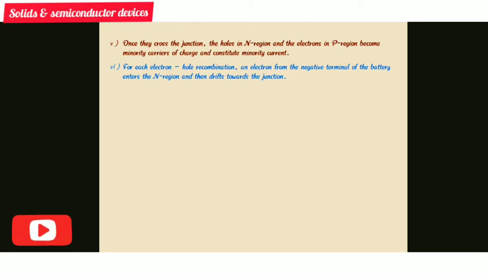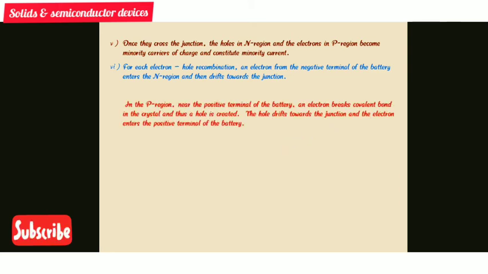For each electron-hole recombination, an electron from the negative terminal of the battery enters the N region and drifts towards the junction. In the P region, near the positive terminal of the battery, an electron breaks a covalent bond in the crystal and thus a hole is created.